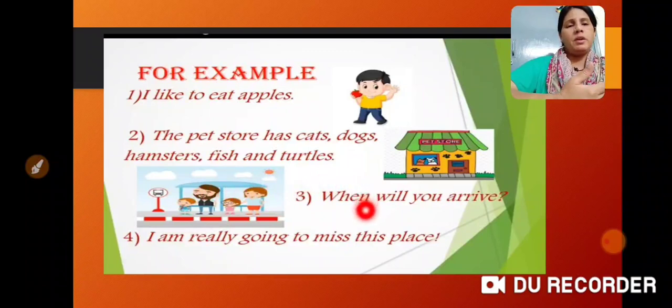And the third example is: When will you arrive? As we have already studied, a sentence always begins with a capital letter, and this sentence is asking a question, so it ends with a question mark.